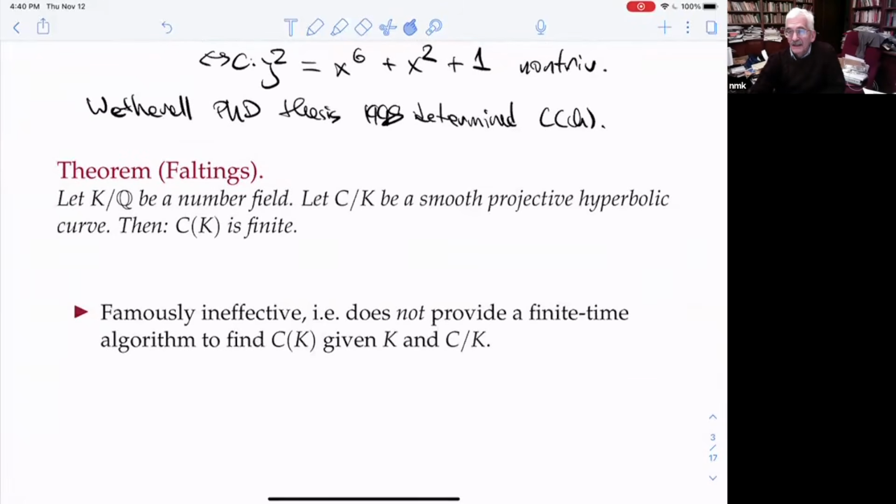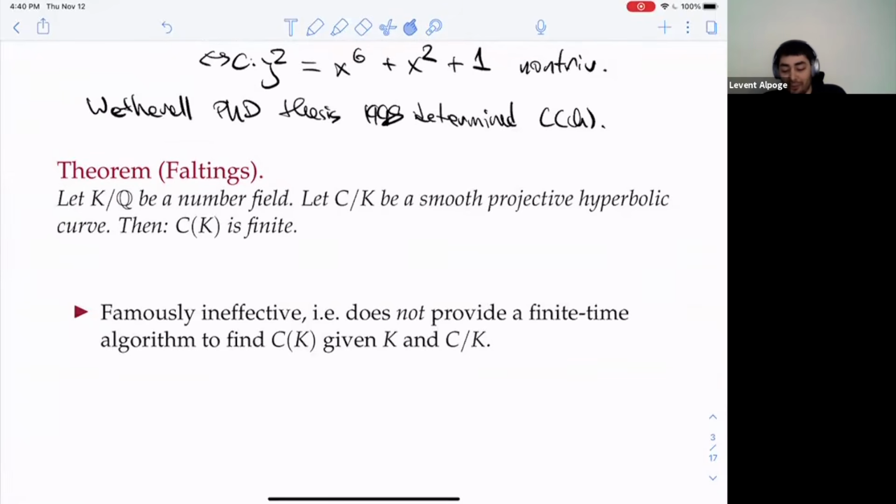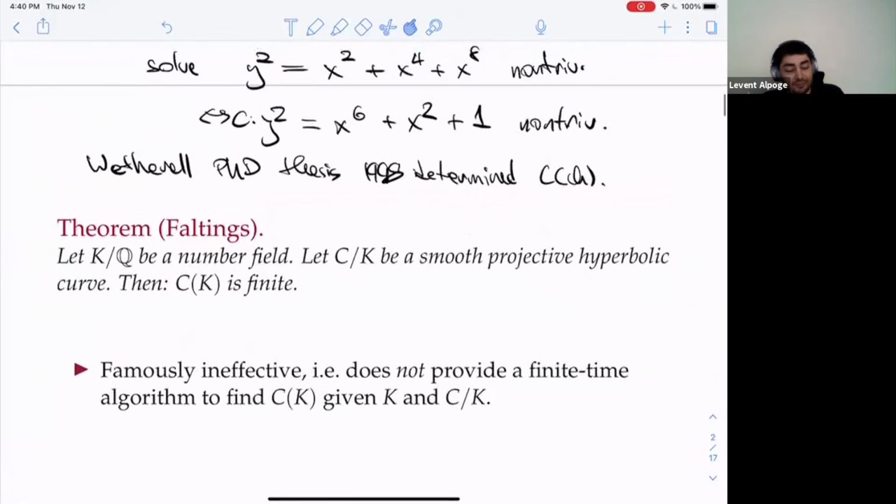I don't remember the points off the top of my head, but it's not too hard. Anyway, this is like a canonical example. It's something like, you plug in a half or something like that.